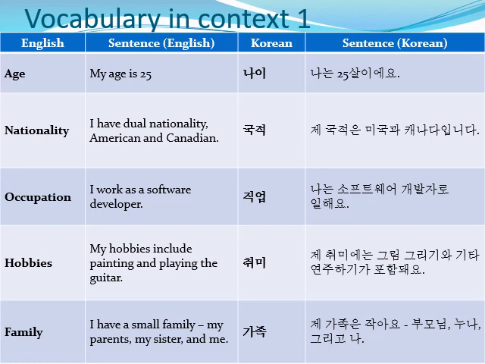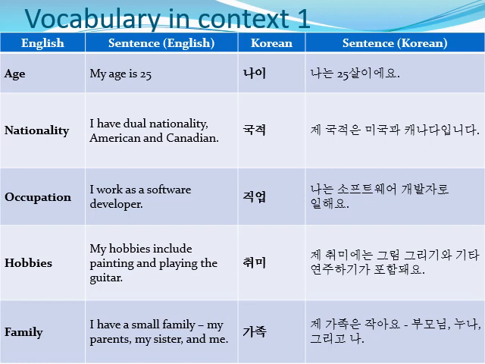Ready? Age. My age is 25. Again, think: my age is. Nationality. I have dual nationality, American and Canadian. Korean. Occupation. I work as a software developer.